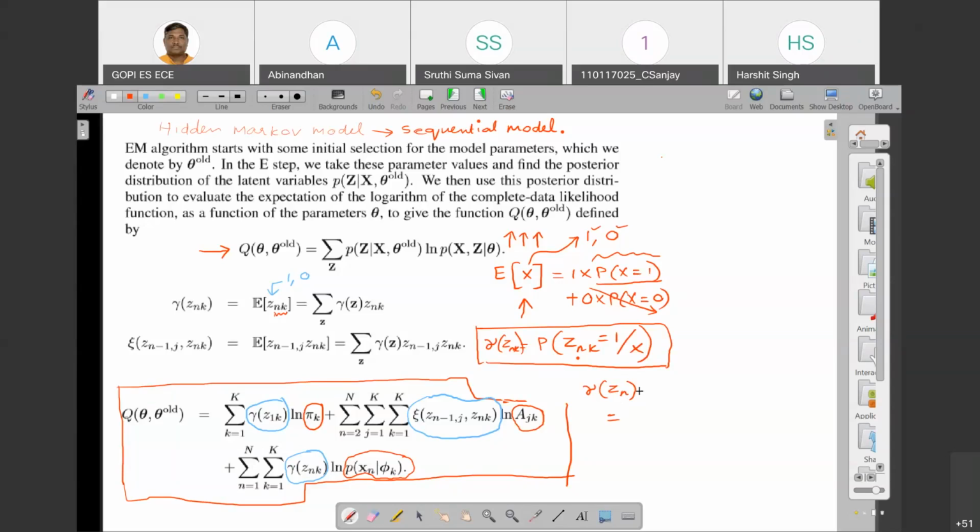So in that case, we are talking about the element that is 1. In short, we'll write gamma of Zn as probability of Zn equal to 1 given X.